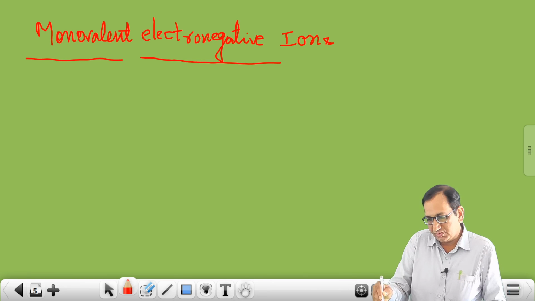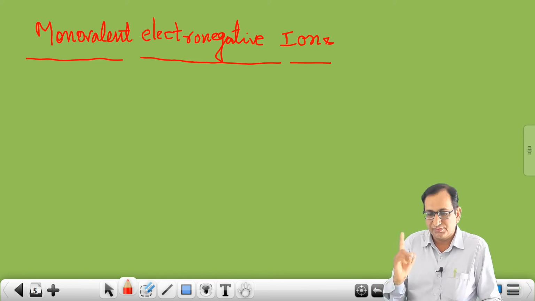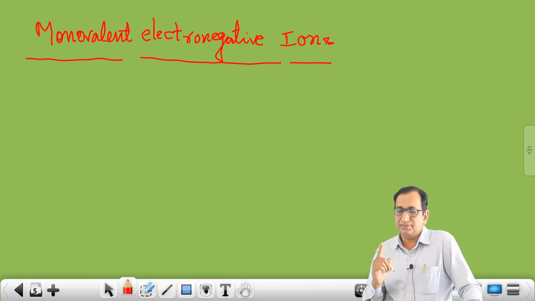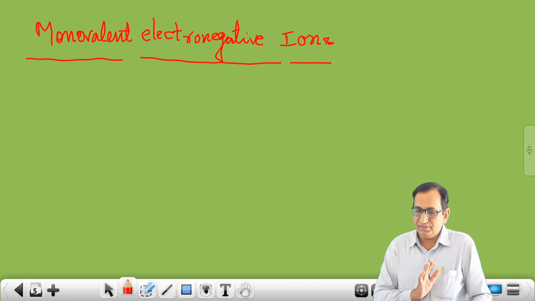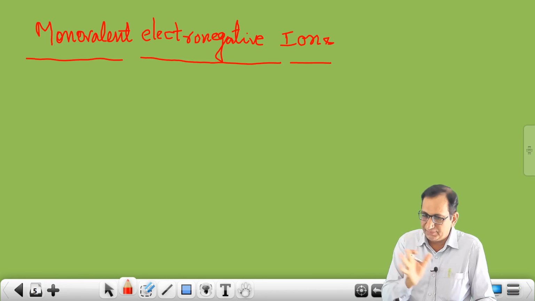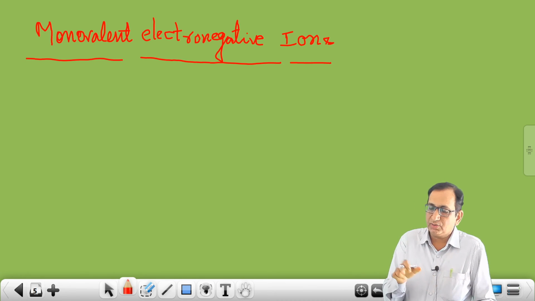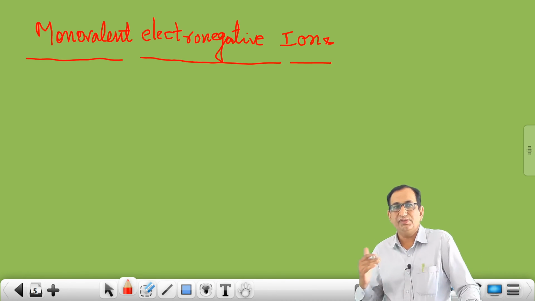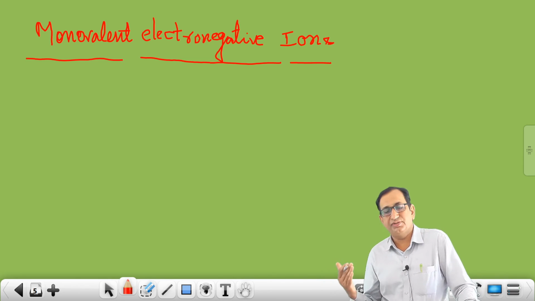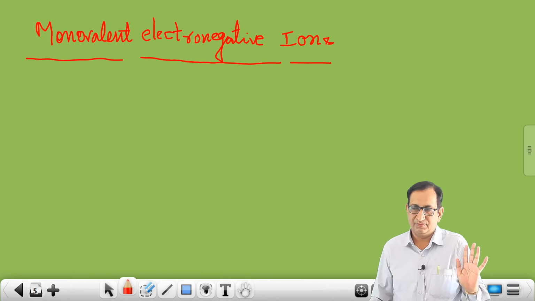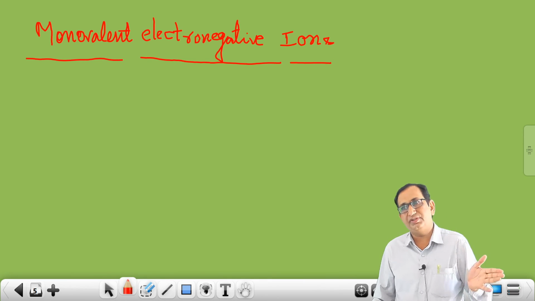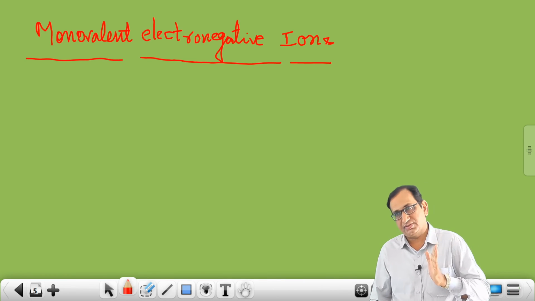Here once again students, mono means single, valent means valency. Monovalent means only single valency. Electronegative ions means it should be in minus. Negative valencies are there, they show the valency in minus.